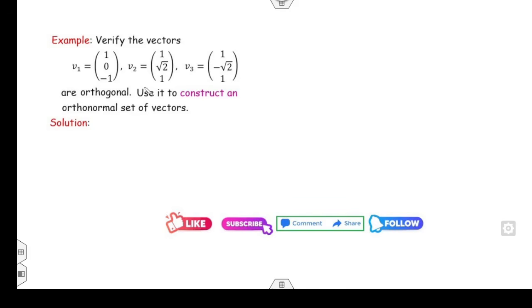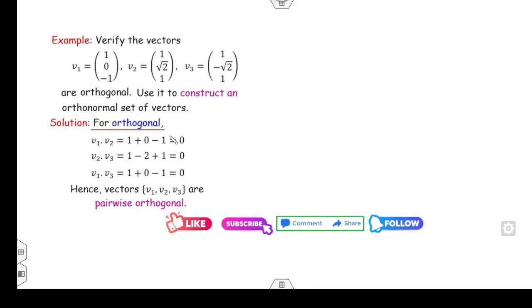For example, here, verify whether they are orthogonal. This is the same example. So that means v1 dot v2, v1 dot v3, and v2 dot v3. We can easily see the dot products are 0.